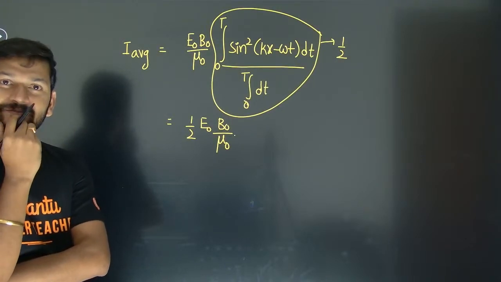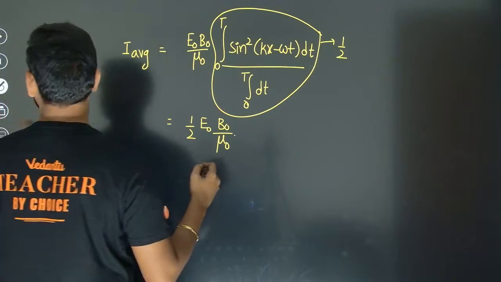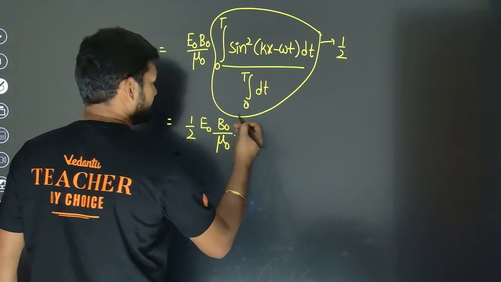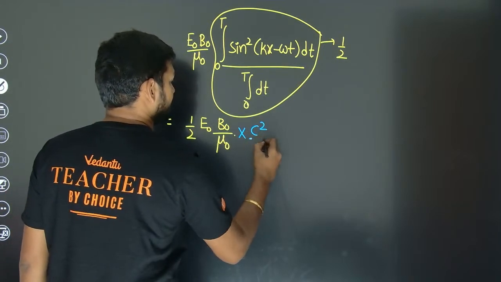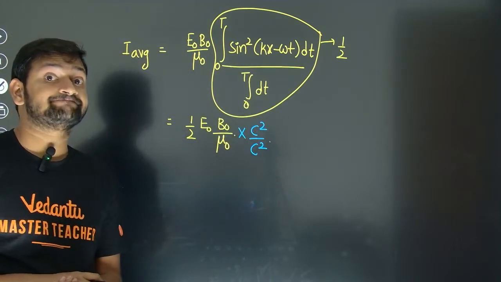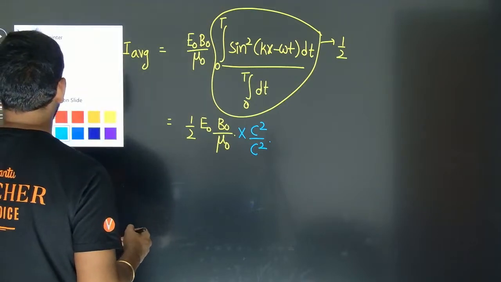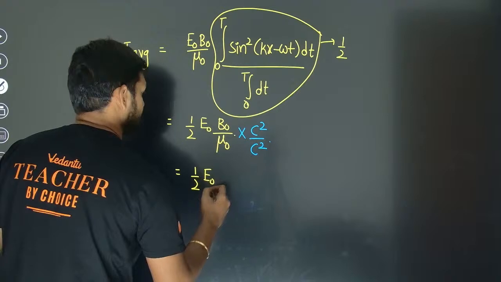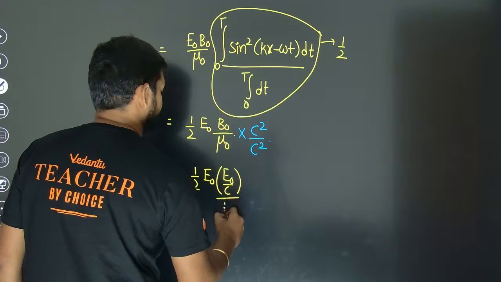Now what I will do is multiply by c square and divide by c square. 1 by c square can be written as what? Mu naught epsilon naught. Half E naught, and B naught can be written as E naught by c, divided by mu naught.